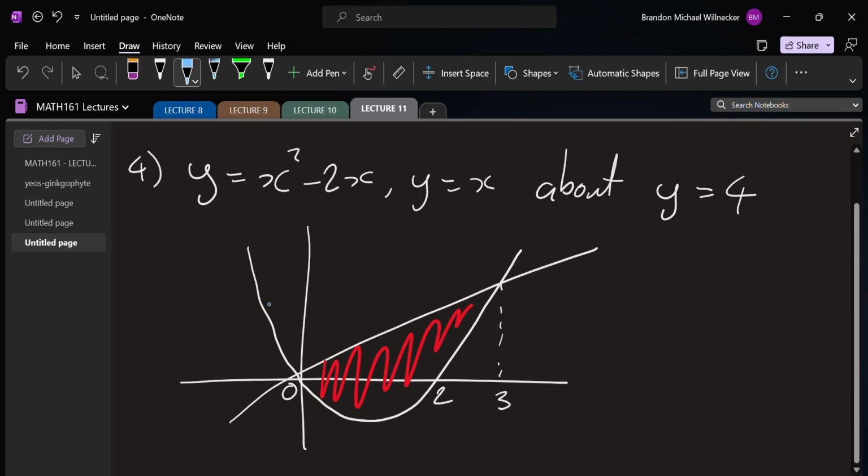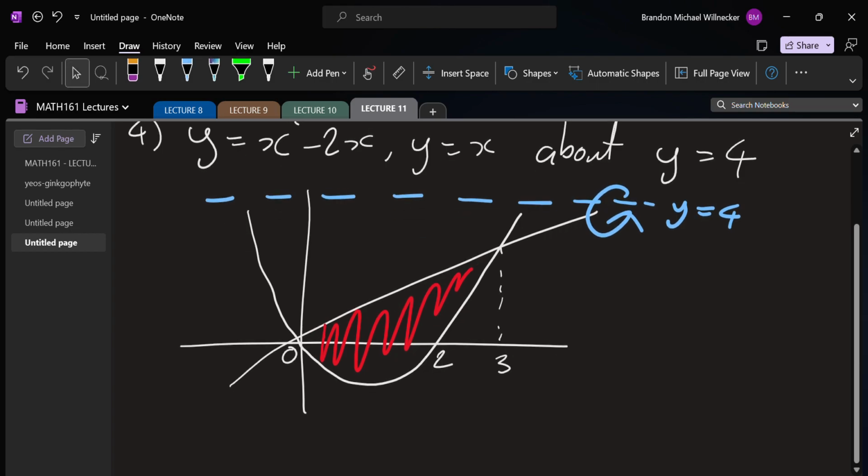So not the x-axis or y-axis, we've got a new axis now. Let's put that in blue, this line over here, y equals 4. We're going to rotate around that line now.